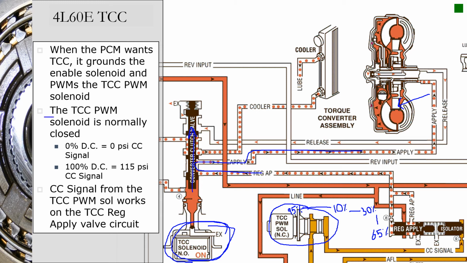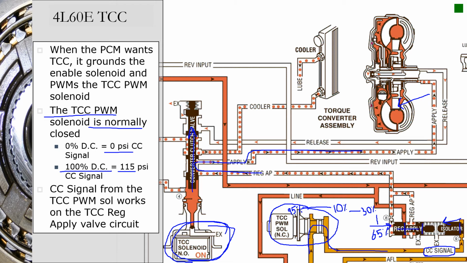So I mentioned this earlier, but the PWM solenoid is normally closed, so if you have it turned off, you don't have any pressure. And then when you turn it completely on, you get 115 psi, because it'll let AFL go straight through into it. And it creates that converter clutch signal pressure here. And if you look at the valves, these valves all have the same lands. So if I've got 115 psi pushing this valve over to the right, I'm going to need 116 psi of line pressure in there to move it back over.